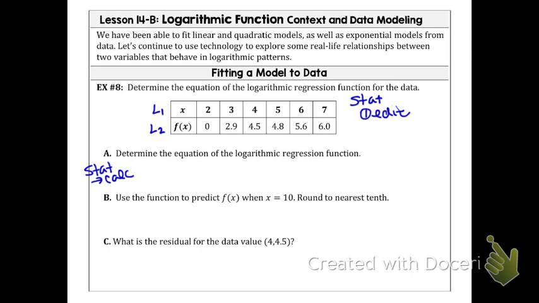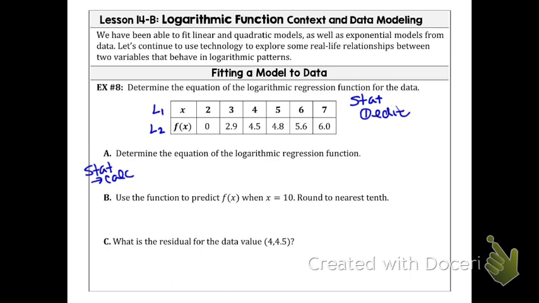Now it says determine the equation of the logarithmic regression. It didn't say what base, so we're going to use the natural log. So let's choose number 9, which is the ln. It tells you your x list was in L1, your y list is in L2.